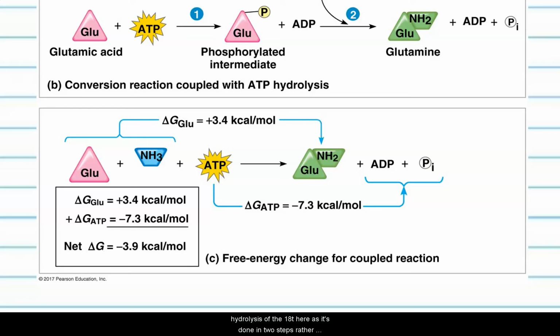So the hydrolysis of the ATP here, as it's done in two steps rather than a single step, powers the production of this amino acid.